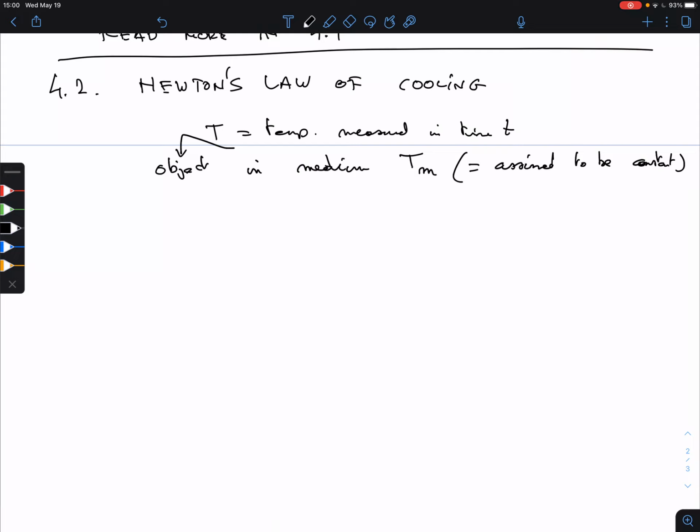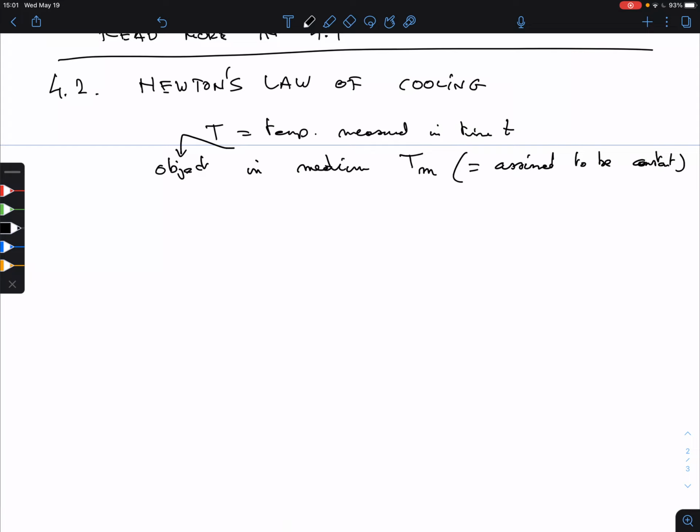So we always have to think, you put something hot in a huge bath of water, or you put something hot in a cool, big room, so that the effect of that small object on the temperature of the large environment, the large medium, is negligible, and so we consider it just constant.